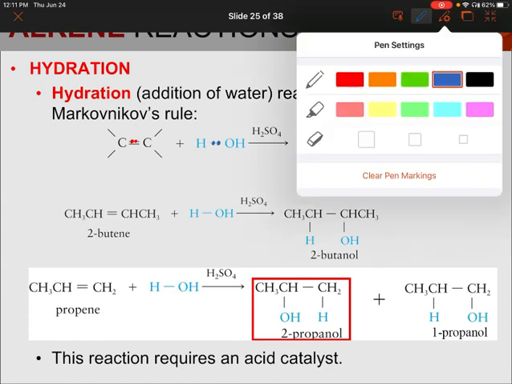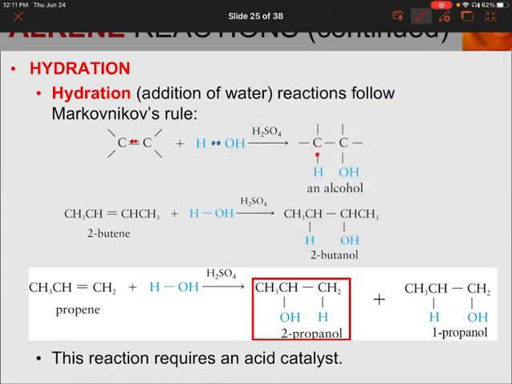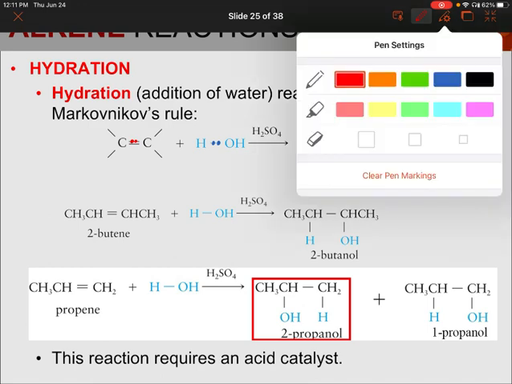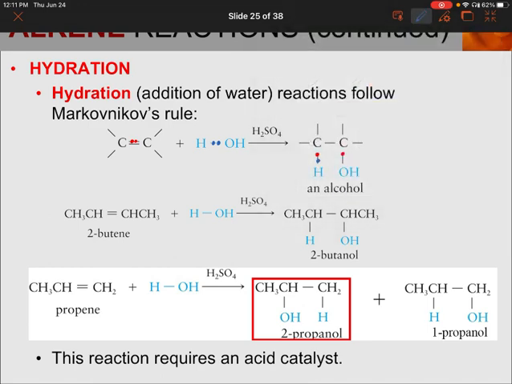So then when we form our 2 new bonds, hydrogen will add to one side and OH will add to the other side. So that's why we end up forming an alcohol, because we have this OH group bonded to one of the carbons now.